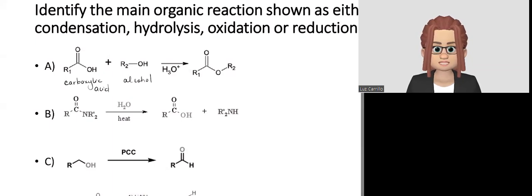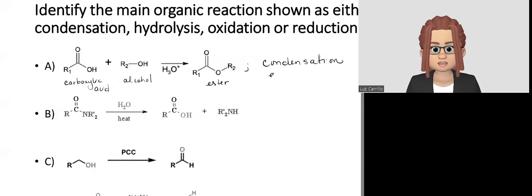We see that here we have two functional groups coming together to make an ester. So this type of reaction is called the condensation reaction. Specifically, this type of condensation reaction is called an esterification. Let's move to the next one.